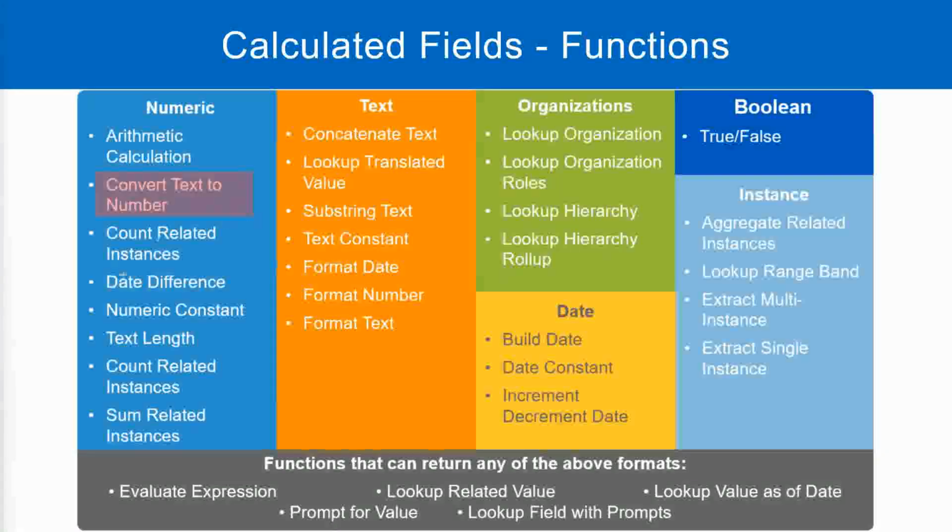But we have a function which talks about converting a text to a number. Because we cannot compare a text to a number, because if we do that, apparently it works, but it doesn't give you the best results. Right. So we have to convert the text to a number and then proceed with the calculation. Let me show you how.